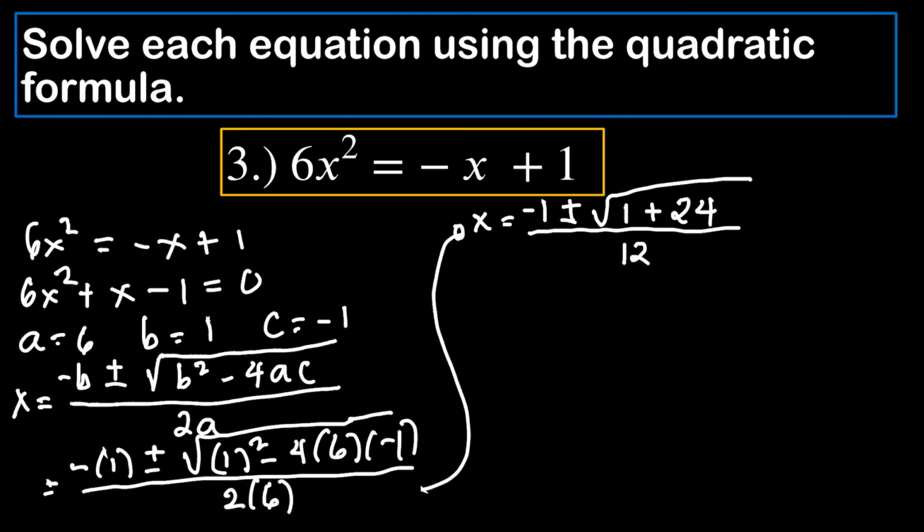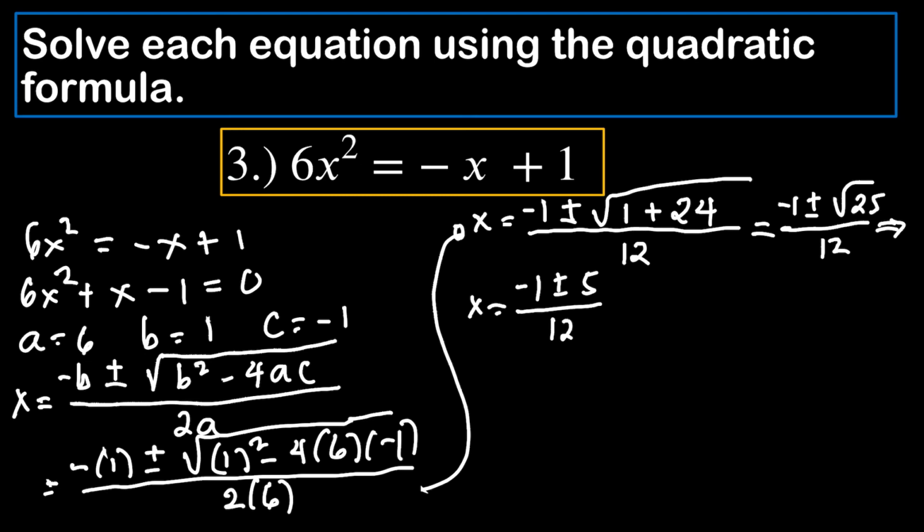So this will give us negative 1 plus and minus the square root of 25 over 12. What's the square root of 25? The square root of 25 is 5. So this will give us negative 1 plus and minus 5 all over 12.